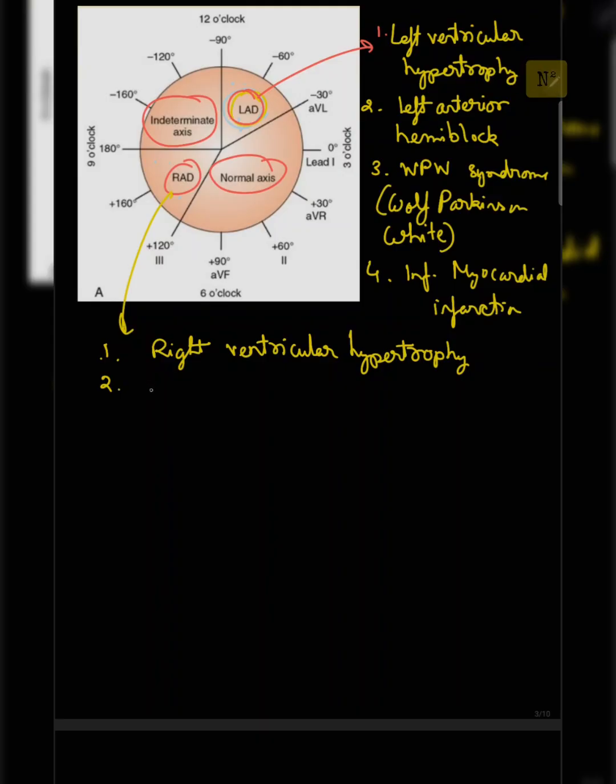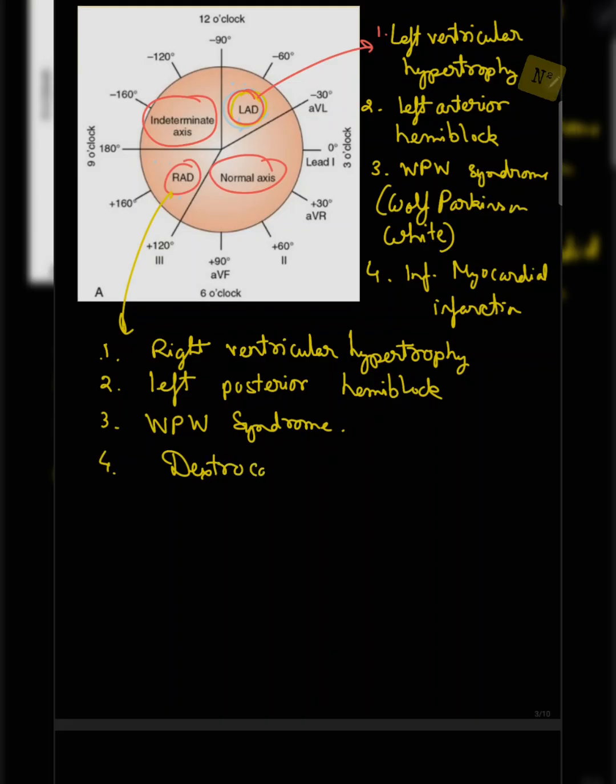You might also get these axis deviations in left posterior hemiblock or Wolff-Parkinson-White syndrome. This is a condition where you might get the left or the right axis deviations, and also in dextrocardia, that is right-sided inversion of the heart.